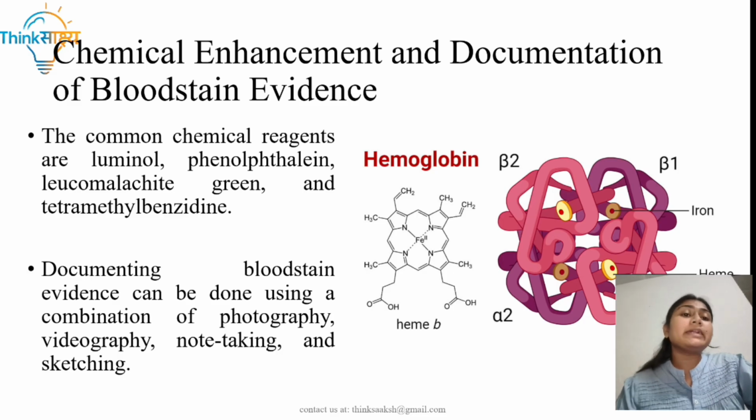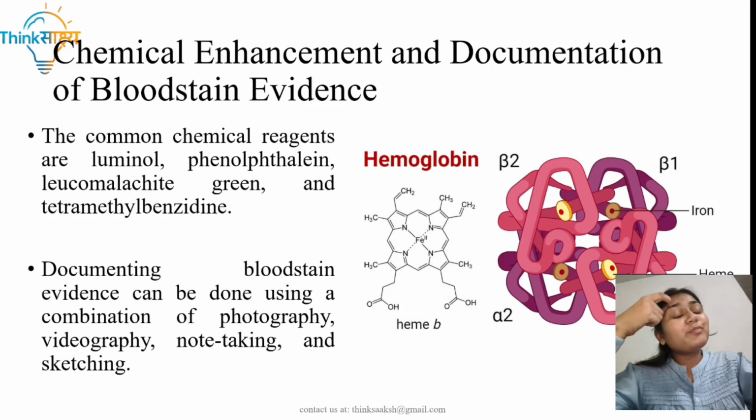Luminol is used for latent blood stains. What are latent blood stains? Latent blood stains are blood stains that are not visible to the naked eye. Latent prints are any kind of print that is not visible to the naked eye. We cannot see them.